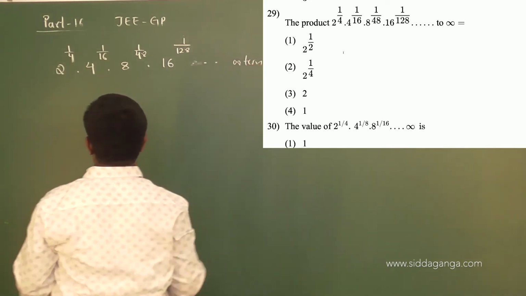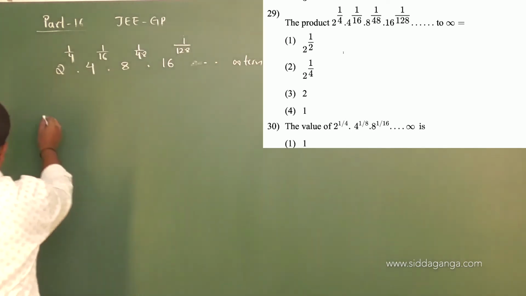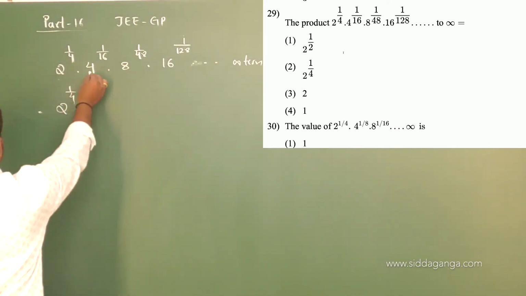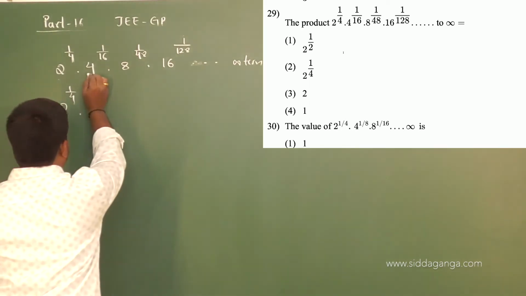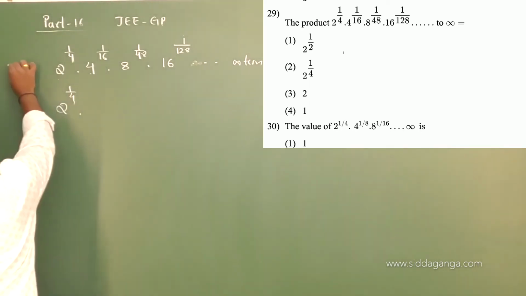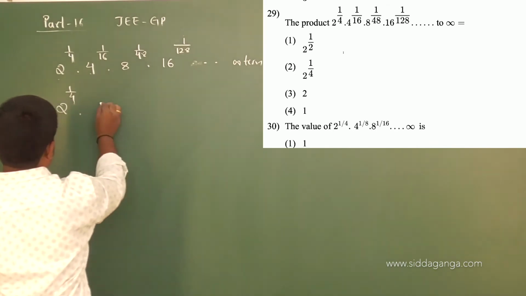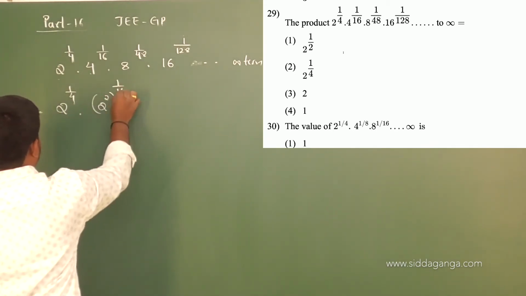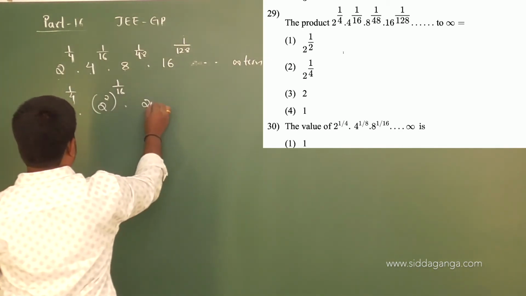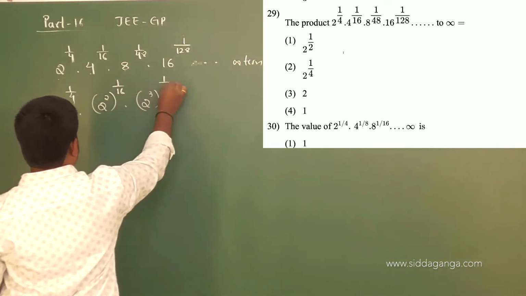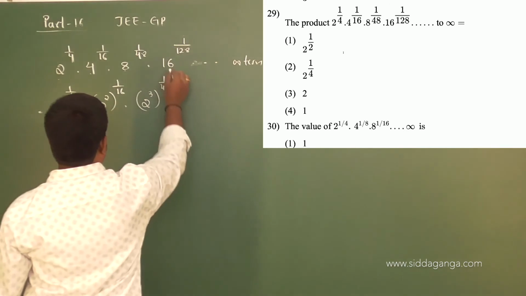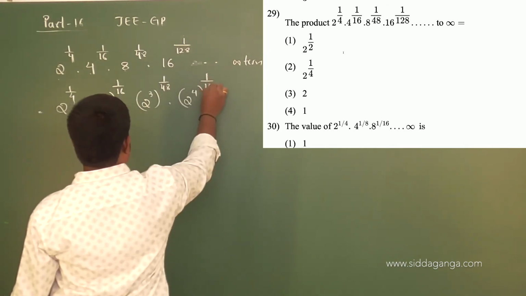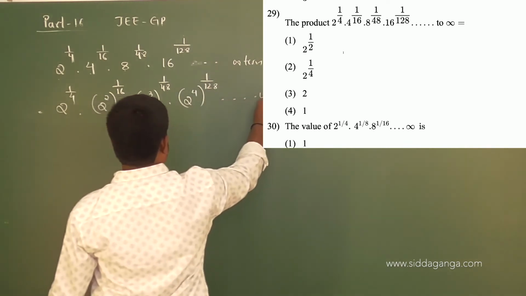What is the product of this, right? I can write this as 2 power of 1 by 4 as it is. Here we have 2 square, 4 is nothing but 2 square. So 2 square, whole power of 1 by 16. This is what, 2 cube, right? 2 cube power of 1 by 48. 2 power 4, 1 by 128. So infinite terms.